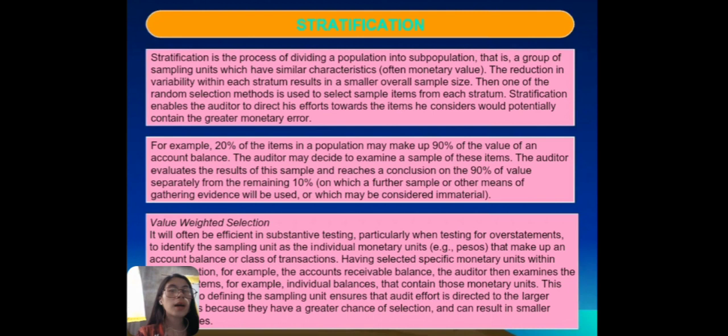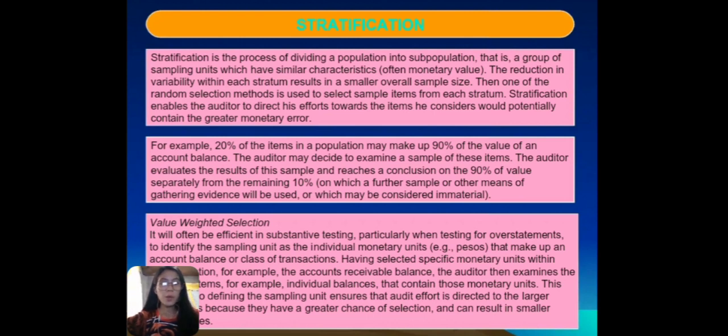So stratification enables the auditor to direct his efforts towards the items he considers would potentially contain the greater monetary error. Let's say 20% of the items in the population may make up 90% of the value of an account balance.